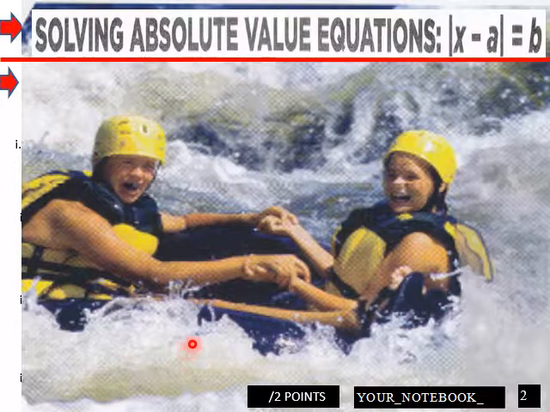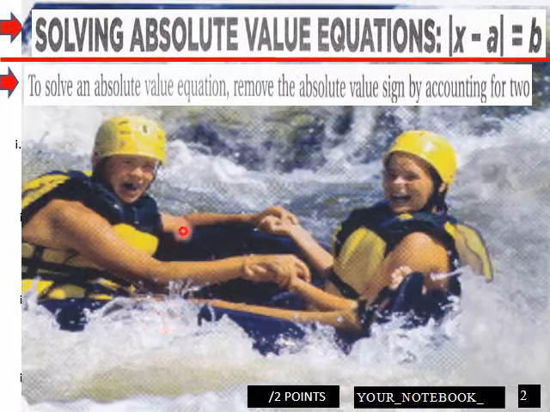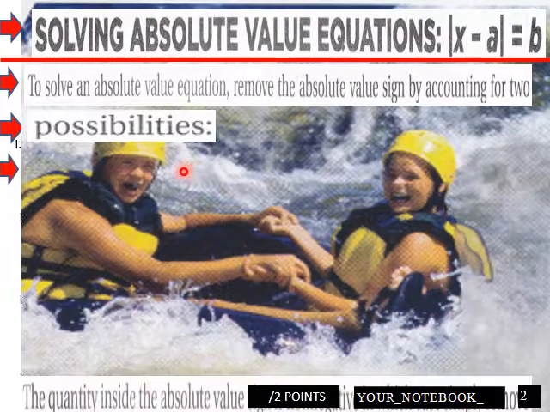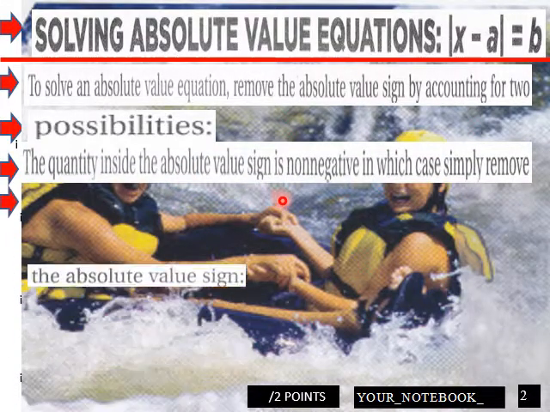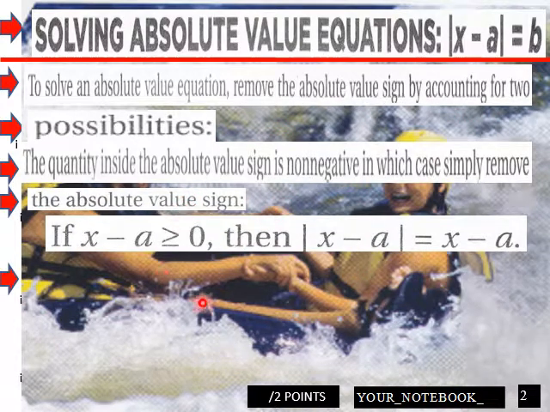Solving absolute value equations: remove the absolute value sign by accounting for two possibilities. The quantity inside the absolute value sign is non-negative, in which case simply remove the absolute value sign. So if x minus a is greater than or equal to 0, then |x minus a| equals x minus a.